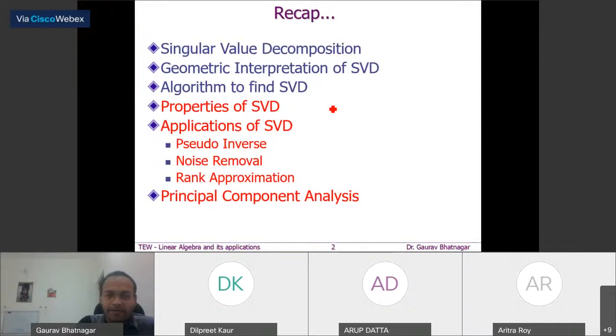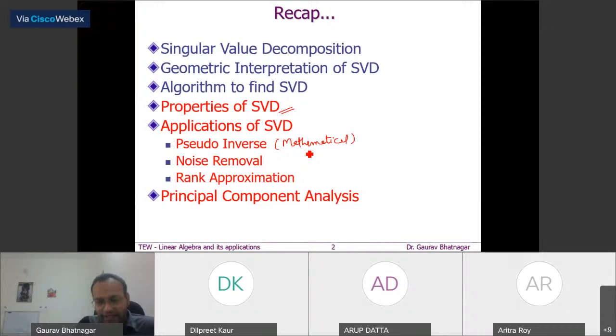First we are going to discuss the properties of SVD, which are very useful in diverse applications. Then we are going to discuss three applications of SVD today. One is from the perspective of mathematics, and that is called the pseudo inverse, where we are looking for the inverse of rectangular matrices.